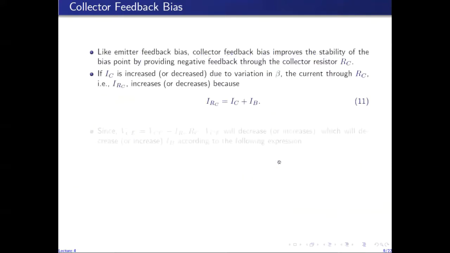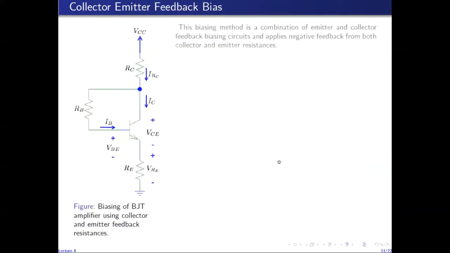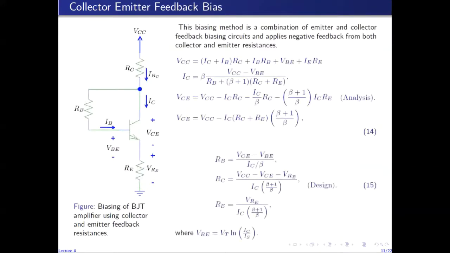So for the same bias point, RB for the two schemes, collector emitter feedback bias and collector feedback bias, is the same. And RC for the collector feedback bias is equal to RC plus RE of the collector emitter feedback bias. So this denominator is actually the same for collector emitter feedback bias and the collector feedback bias.